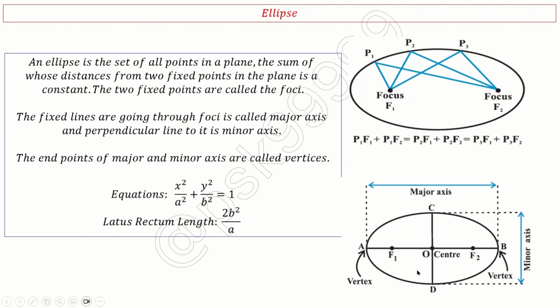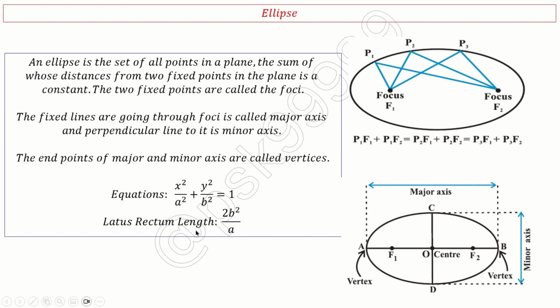So this is the information about the ellipse, and the equation of the ellipse is x square by a square plus y square by b square equal to 1. You can easily derive this by looking at the book. The underlying concept is this: you take x comma y here and the two focus points, then you can easily establish that P1F1 plus P2F2 equals this constant, and get this equation.